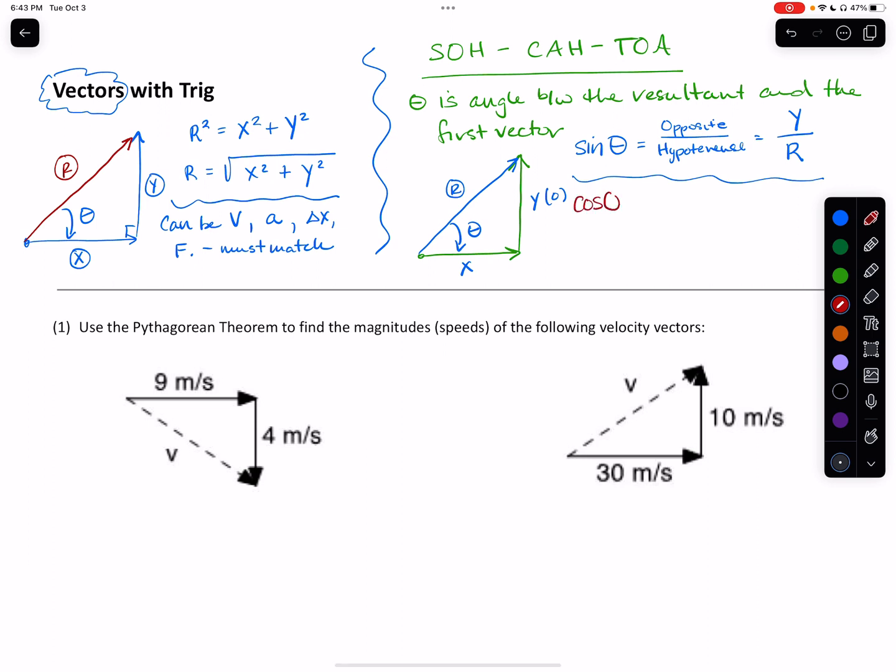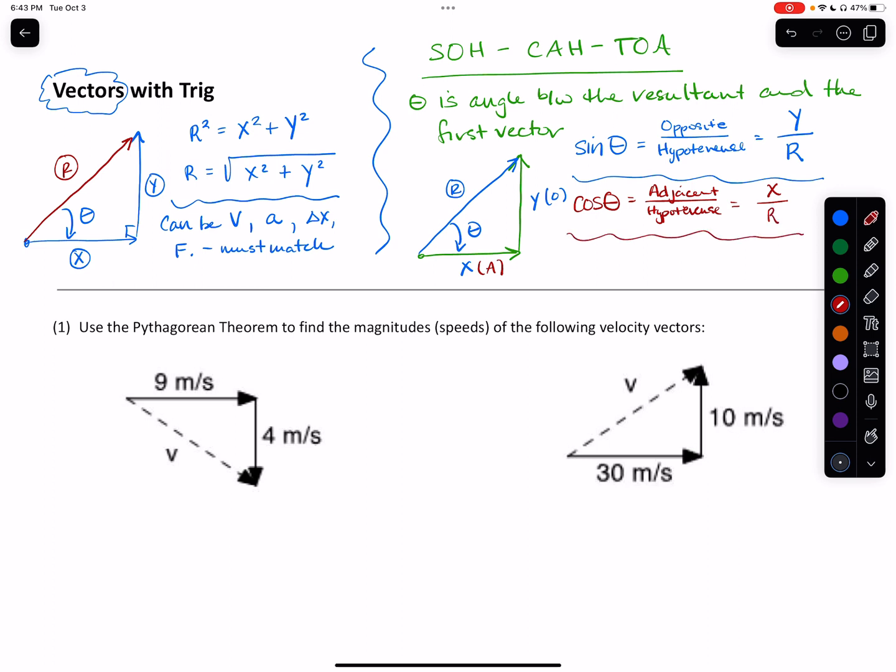Now let's move on to our CAH. So that's our cosine function. Our cosine function is always equal to the adjacent leg divided by that hypotenuse. And for us, our adjacent leg is our horizontal piece. It is adjacent to the angle. So cosine of theta will always equal the x piece of our triangle, the horizontal component, divided by that resultant.